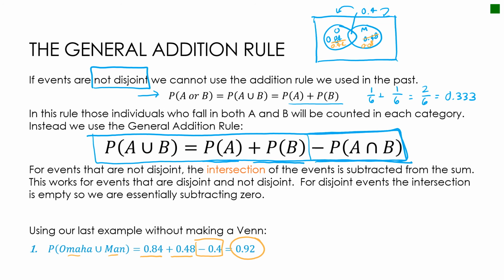And notice I get the 0.92, which was the same answer that I got before when I added the 0.44 plus 0.4 plus 0.08. That was the same answer that I got the other way.